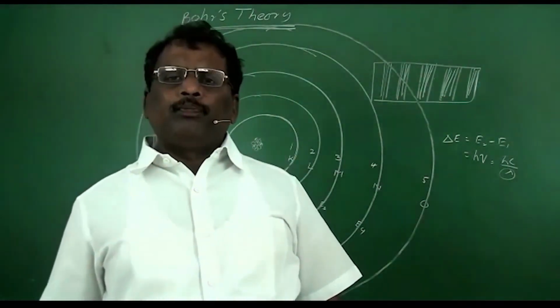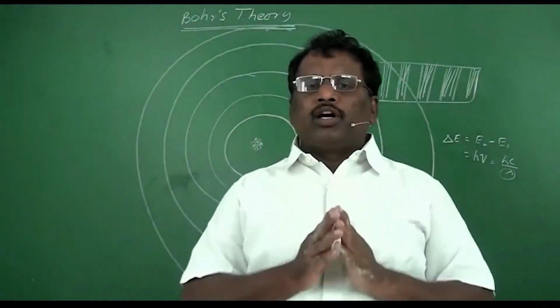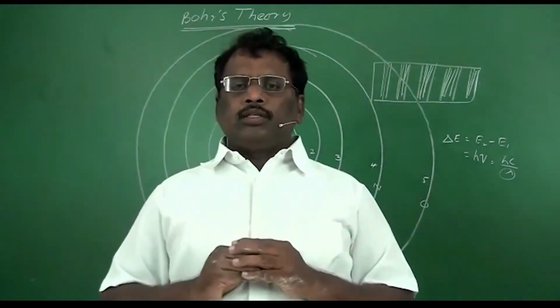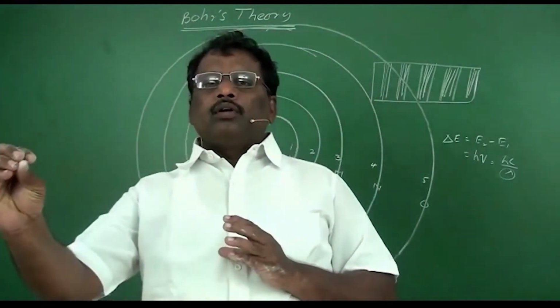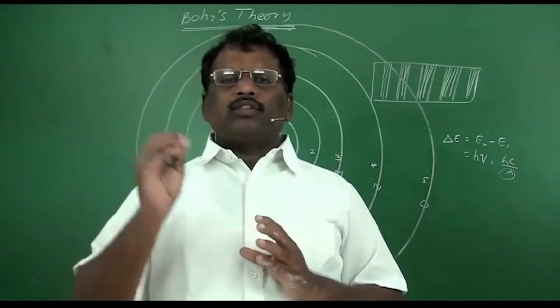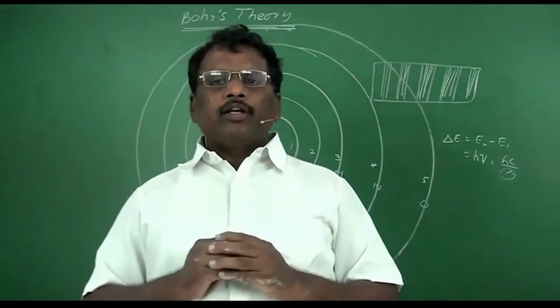According to Niels Bohr, in an atom, the whole mass and positive charge... Why are we using the term mass instead of neutrons? At the time of Bohr's theory, neutrons were not discovered. Only electrons and protons were discovered. Neutrons were yet to be discovered.